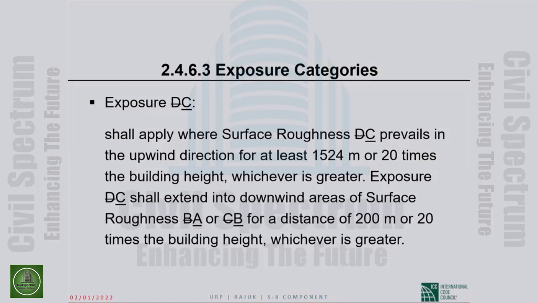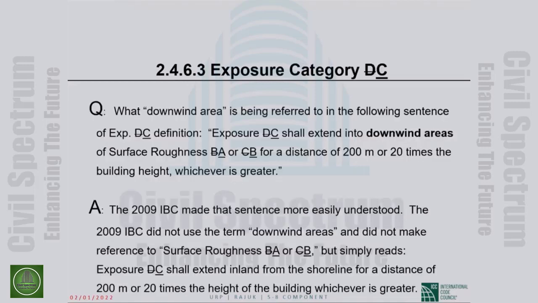Then it says, this is the confusing part, exposure C shall extend into downwind areas of surface roughness A or B for a distance of 200 meters or 20 times the building height, whichever is greater. So now it talks about extending downwind, and it is very, very confusing. So we got questions.